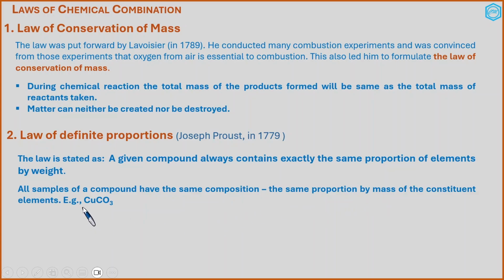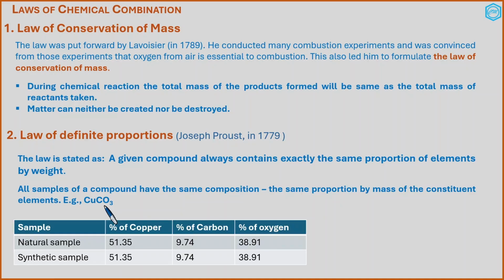As an example, let us consider copper carbonate. The elements are copper, carbon and oxygen. Copper carbonate can be obtained from natural sources as well as by synthetic method. Suppose we analyze copper carbonate and find the percentage of copper, carbon and oxygen. The natural sample contains 51.35% copper, 9.74% carbon and 38.91% oxygen.